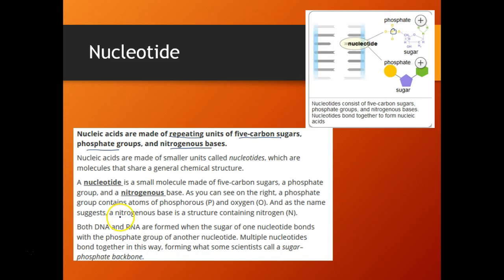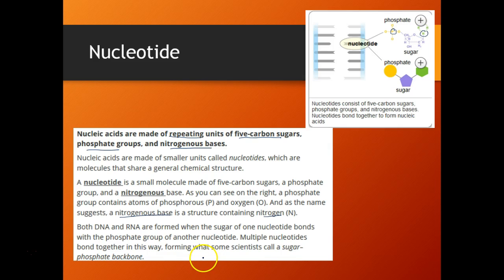And as the name suggests, the nitrogenous base contains nitrogen. So the nitrogenous base would be right here, and you can see the nitrogen right there.